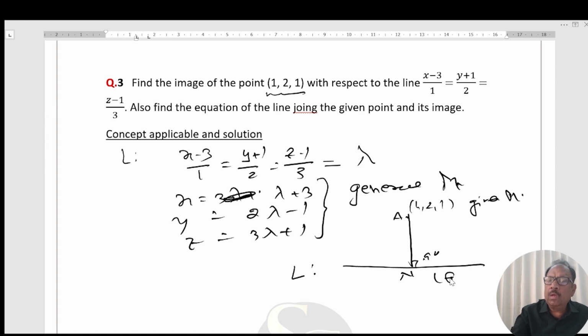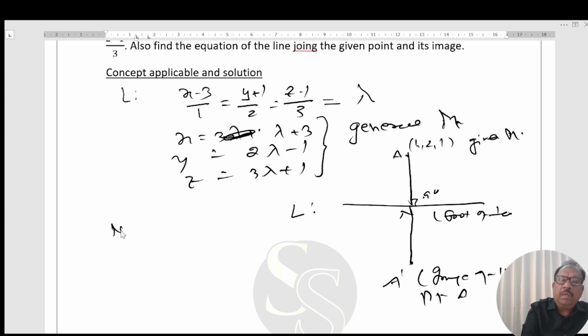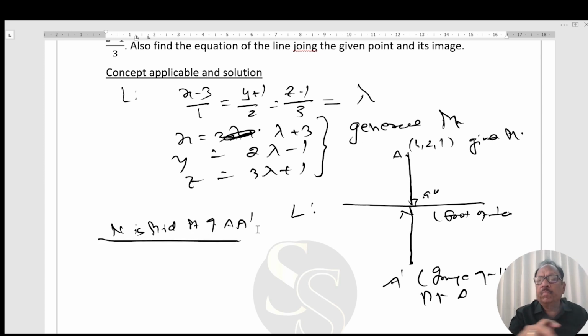N is the foot of the perpendicular. Now, A dash is the image of the point A. N is the midpoint of A and A dash.